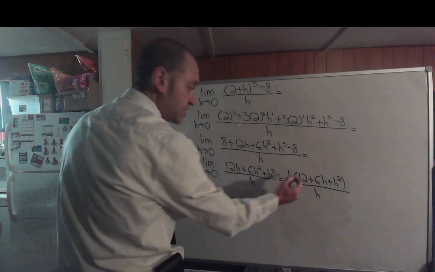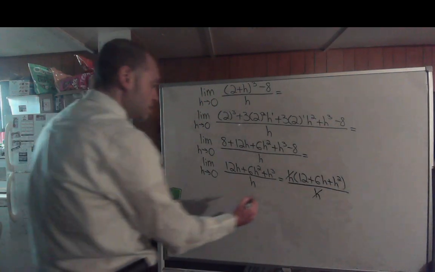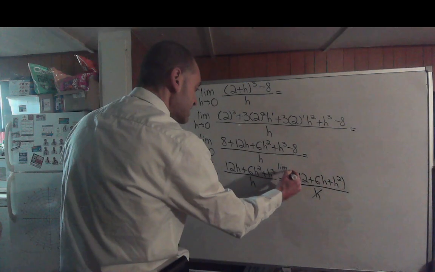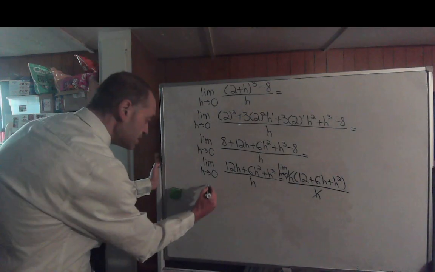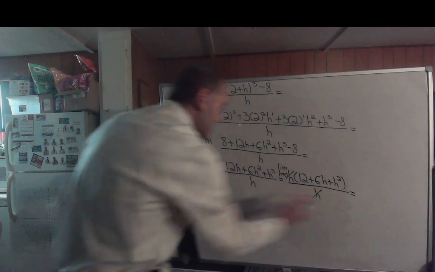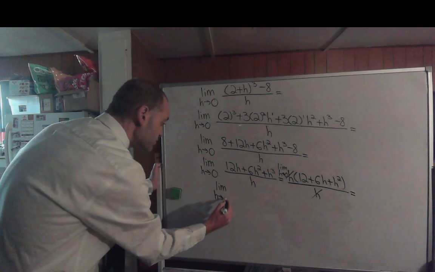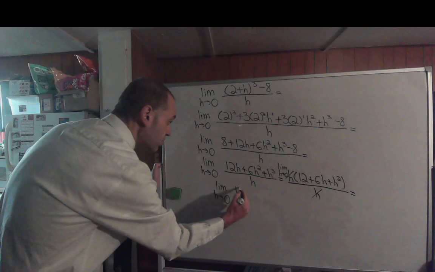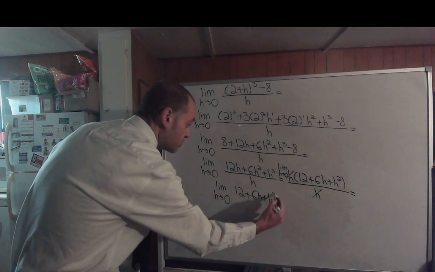Notice you can factor out a common h from numerator and denominator. I should say this is the limit as h approaches 0 of this. I forgot the limit notation. So this will end up being the limit as h approaches 0 of 12 plus 6h plus h squared.